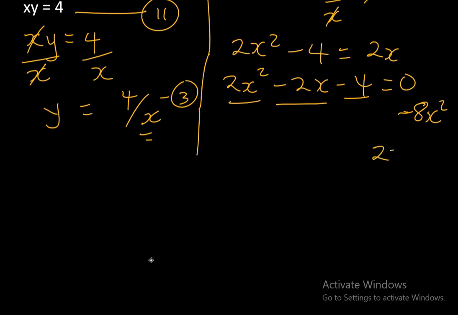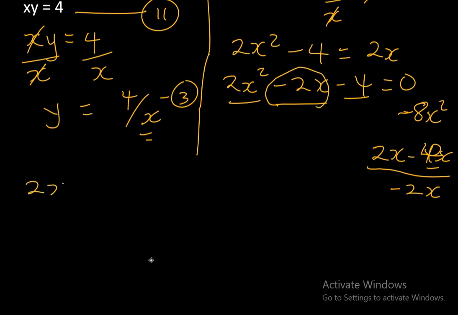The answer is 2x and minus 4x. 2x minus 4x gives minus 2x, and 2x times minus 4x is minus 8x squared. So I'll use 2x minus 4x to replace this middle term. So it will now give me 2x squared plus 2x minus 4x minus 4 equal to 0.